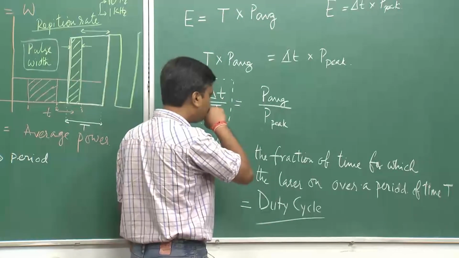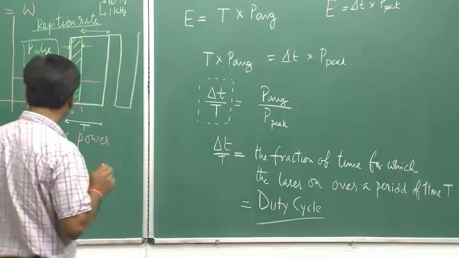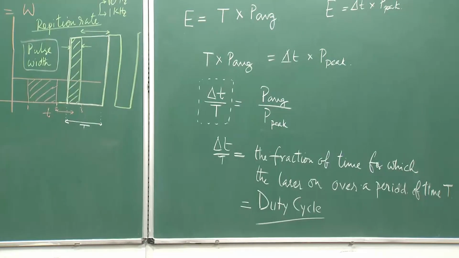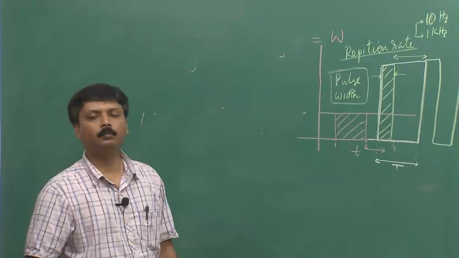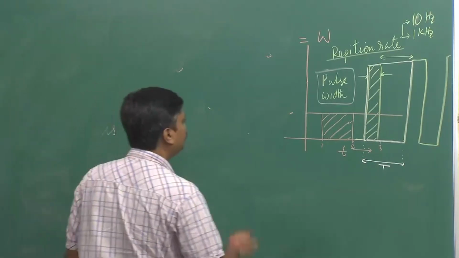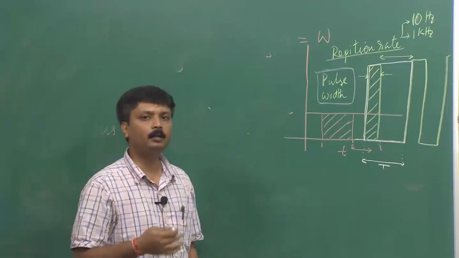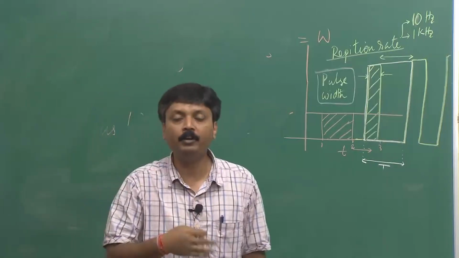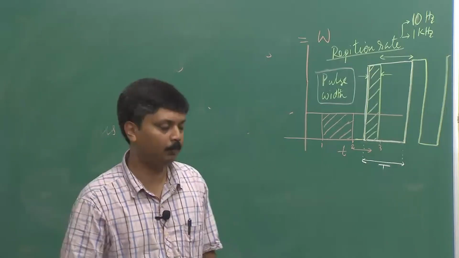Now, I talked about this peak power. I will try to explain it once more, because this is somewhere people get a bit confused about the differences between a peak power and an average power.